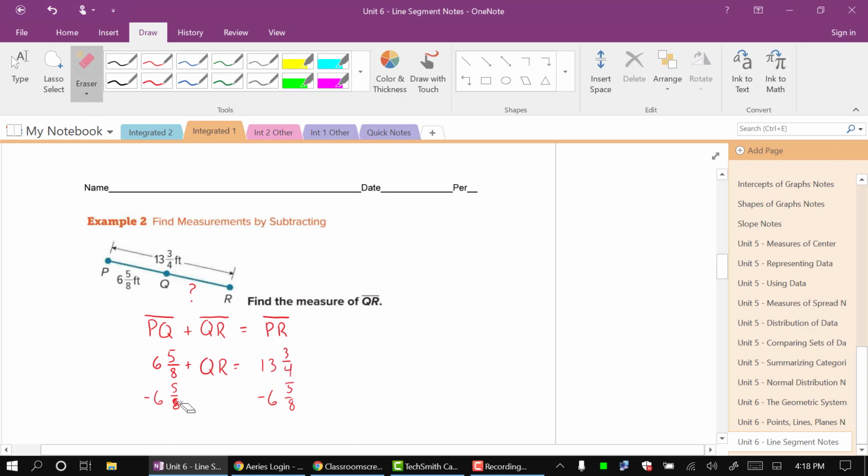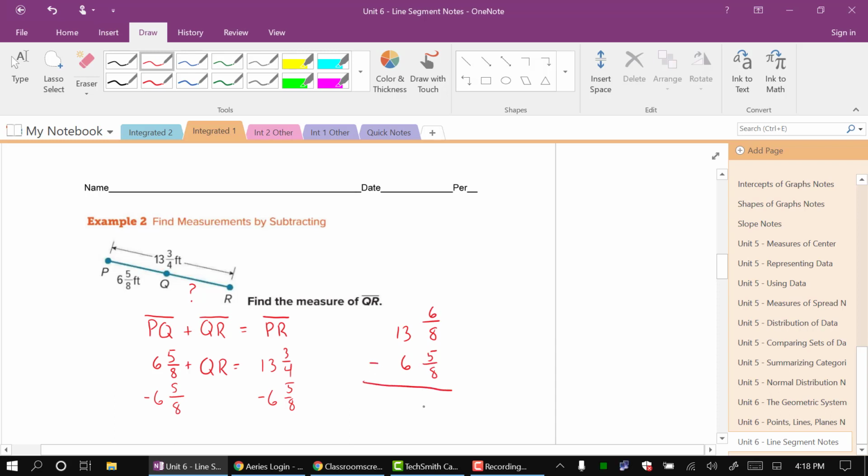When I subtract 5/8 from both sides, I need to get a common denominator between the 2 of them. The common denominator is 8, so I'm going to multiply this one by 2 to get there. So 13, 2 times 3 is 6, 4 times 2 is 8, and then I have 6 5/8.